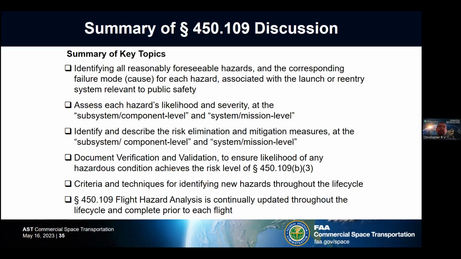Verification and validation must be documented to ensure likelihood of any hazard condition achieves a risk level of 109B3. Criteria and techniques for identifying new hazards must be established, and the 109 flight hazard analysis is continually updated throughout the life cycle and must be complete prior to each flight.